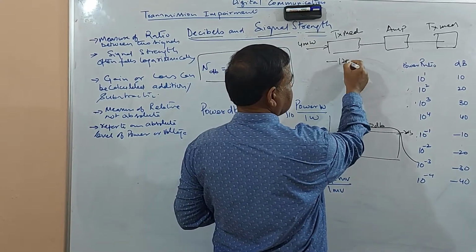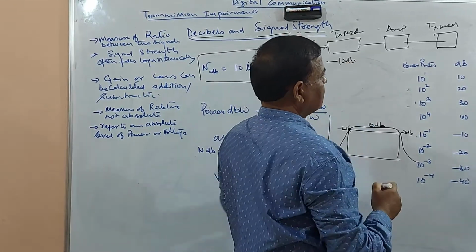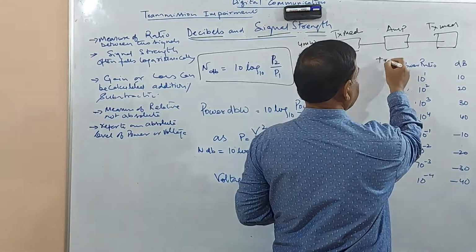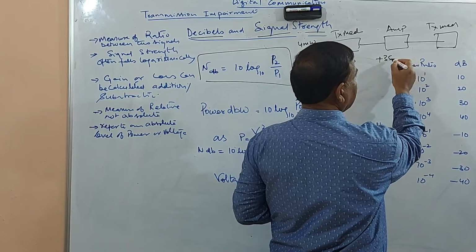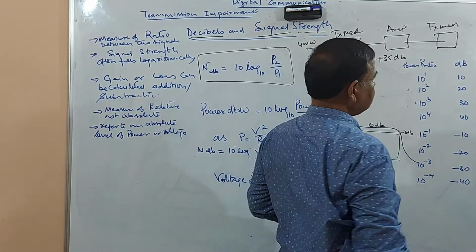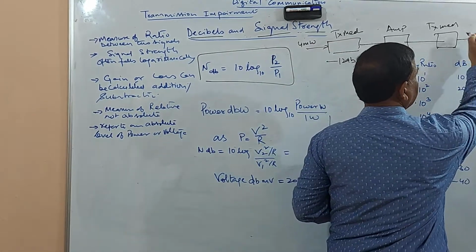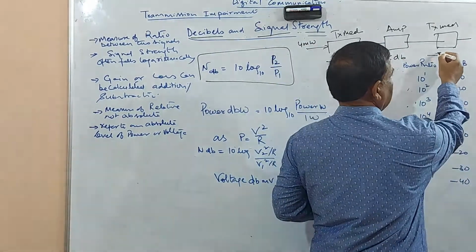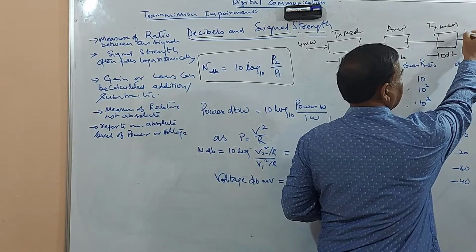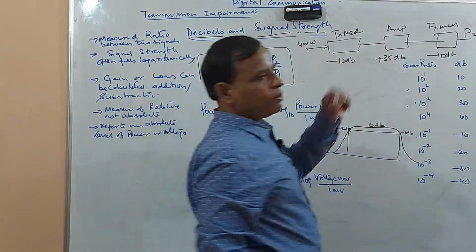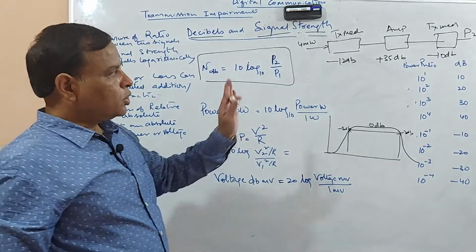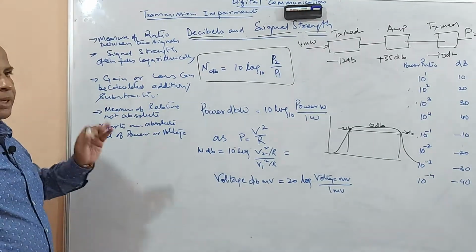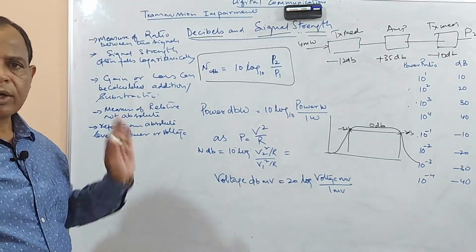Say there is a minus 12 dB loss, then the amplifier has a positive gain, say 35 dB. Then it passes through another medium with a loss of 10 dB. Finally you get some power. The gain or loss can be calculated easily by adding or subtracting these values.